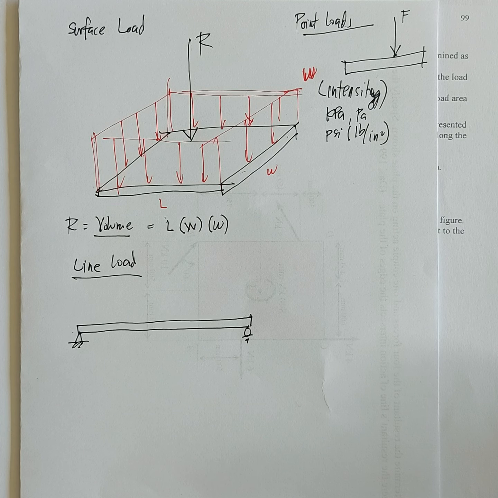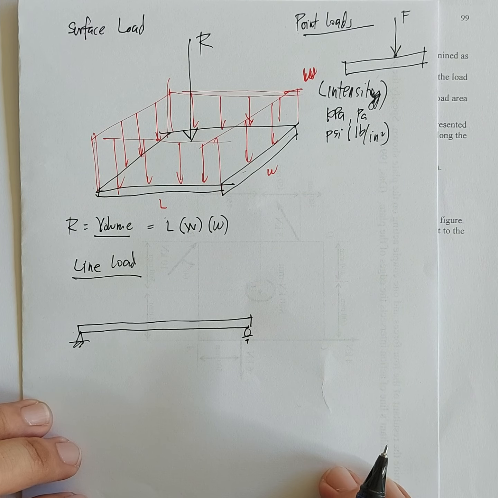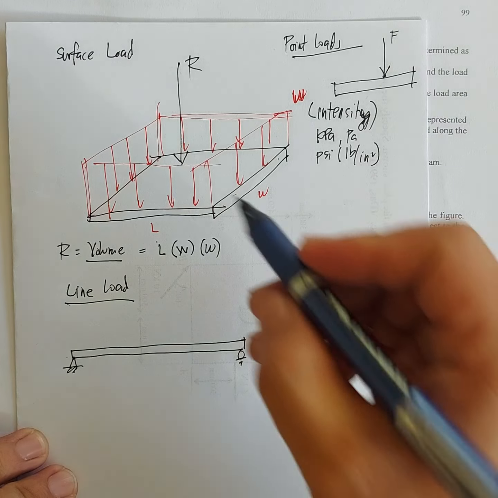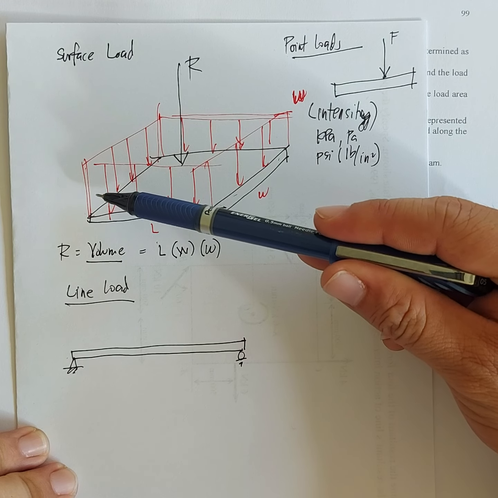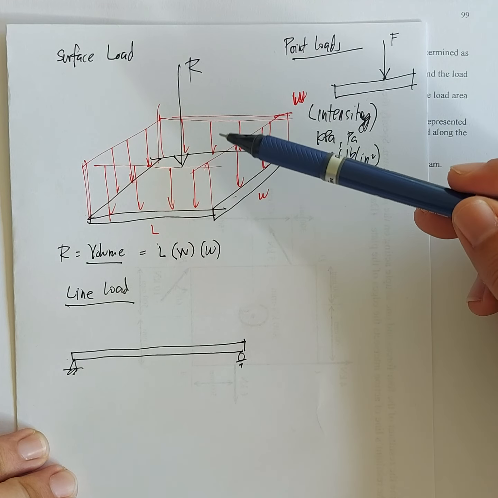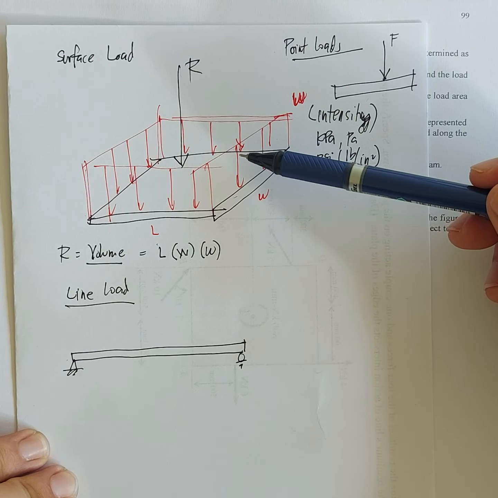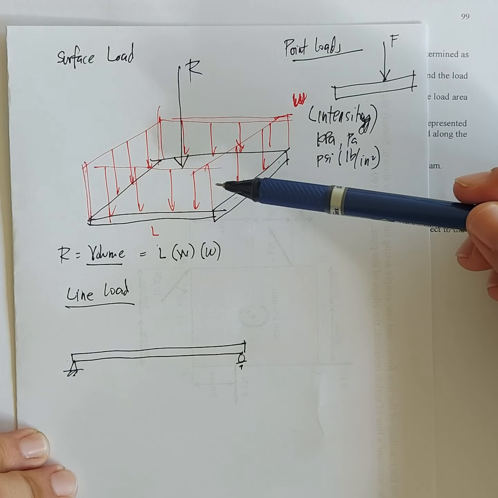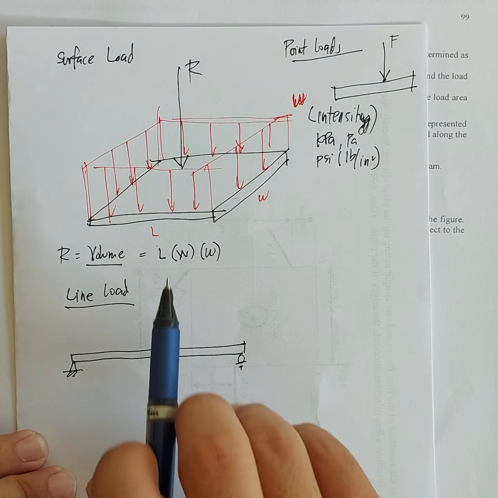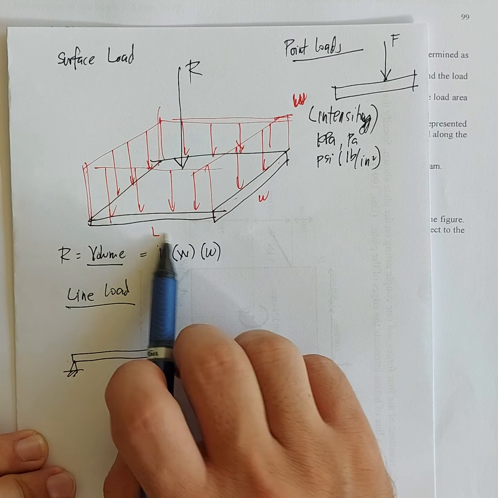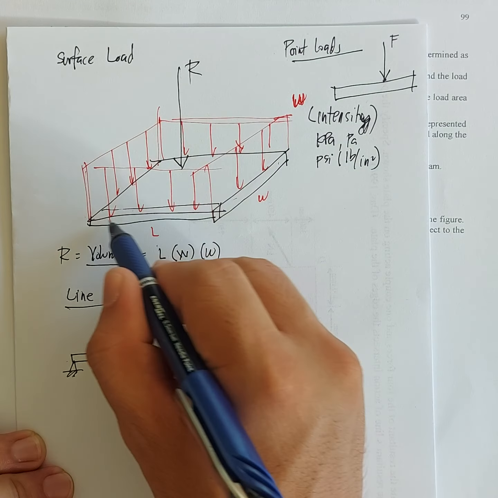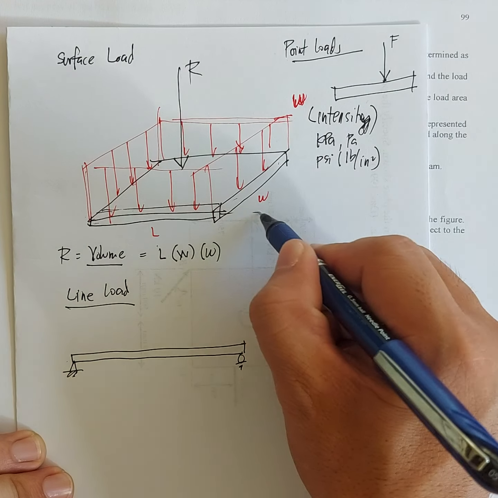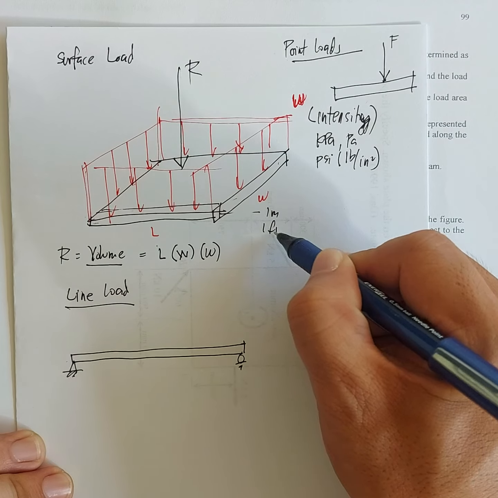Sometimes we also simplify, para ma-simplify yung ating solution. For example, dun sa surface load natin, since distributed naman yan all throughout the surface of the slab, sometimes to simplify yung design or analysis ng slab, we only consider one unit strip, that is 1 meter or 1 foot.